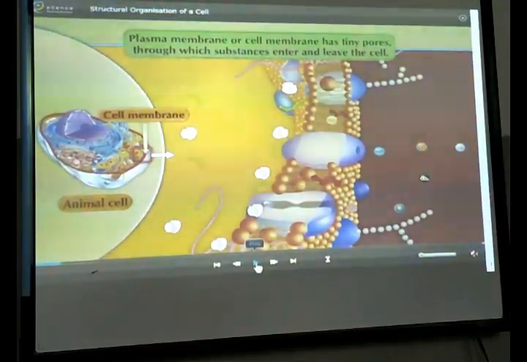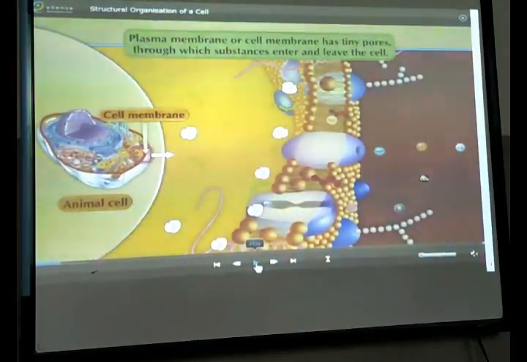Now the plasma membrane, or cell membrane, has tiny pores, in Hindi we say chidra, through which substances enter and leave the cell. Here we can see the cell membrane in the animal cell, and the internal structure is given there.